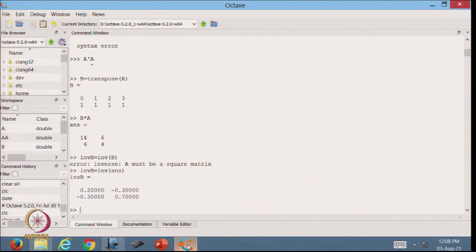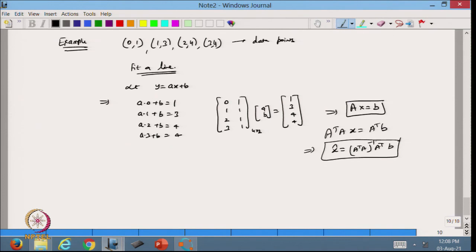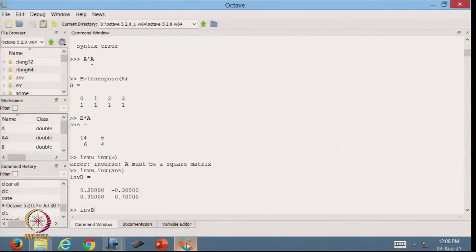So, that is my inverse. Now, from here I have A transpose A inverse, and now I have to multiply by A transpose into B. So, this one I need to do.